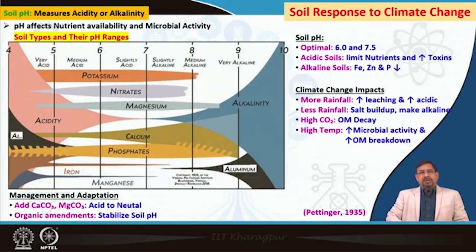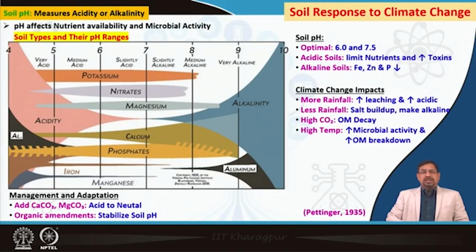So in terms of the pH, what are the management solutions? You can see on the left hand side the soil type and their pH range. This has been taken from a very old citation by Pettinger, and that itself shows the variation of soil pH from 4 to 10; on the 4 side it is highly acidic and on the 10 side it is highly alkaline.